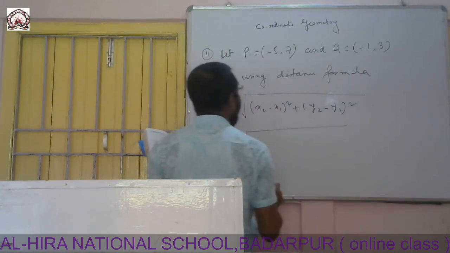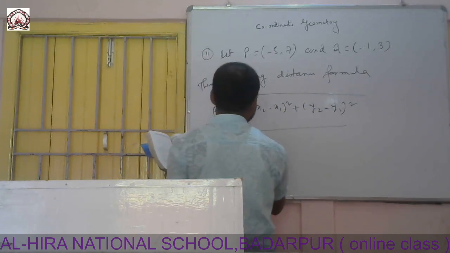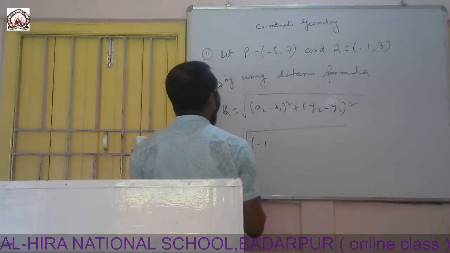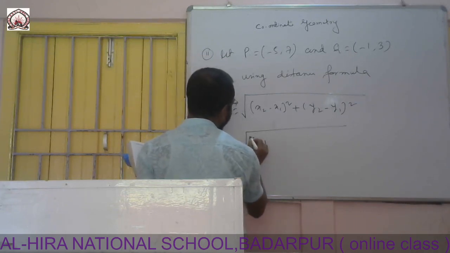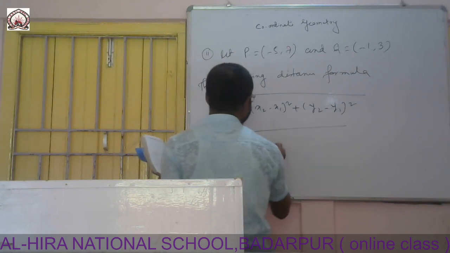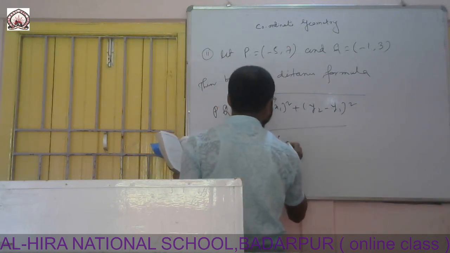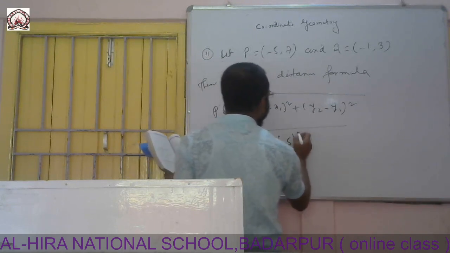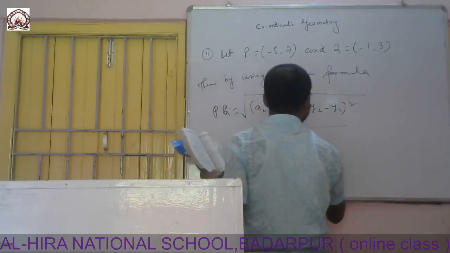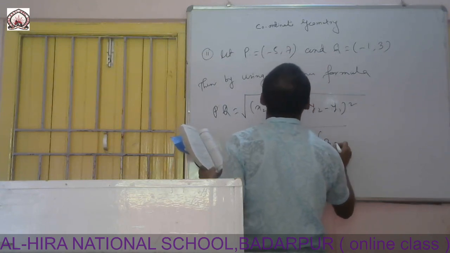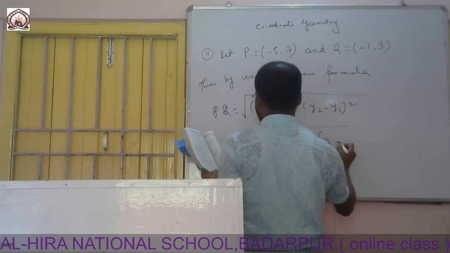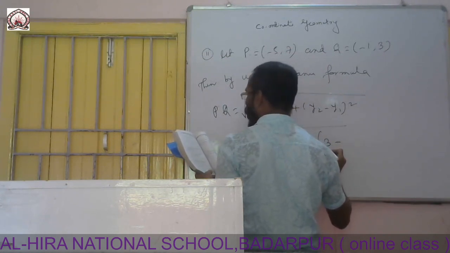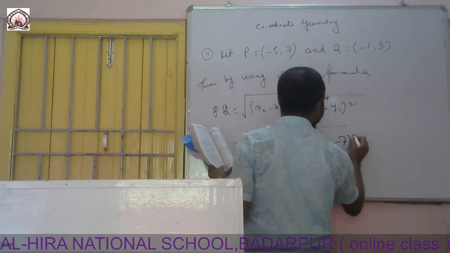So root over x2, which is minus 1, and x1 is minus 5. Whenever we get minus, we use a bracket. Then square plus y2 is 3 and y1 is 7, whole square.